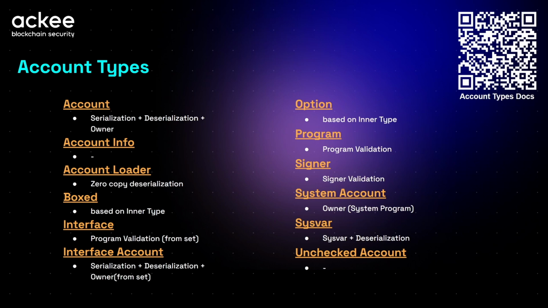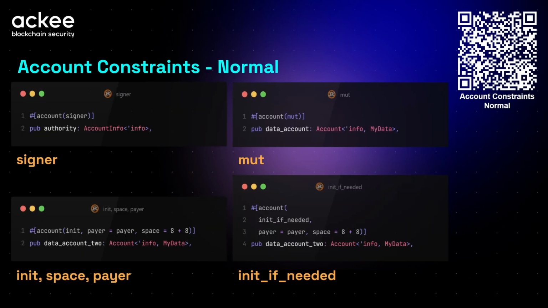We can move on to the account constraints. These are split into two sections, let's say. First section is about the normal constraints. Second section is about SPL constraints, so you can also use constraints for associated token account and mint.